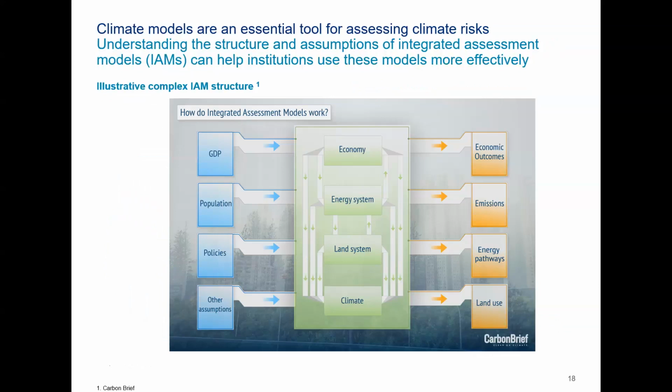And so on the transition side, what we looked at were specifically a series of integrated assessment models, and recognizing that these are models that attempt to create a broad economic picture by bringing together physical climate models, bringing together economic and energy systems models, along with questions of land use and other key assumptions, to really get a full-scale picture of how a dynamic future would look and what the changes are that would be wrought under different conditions.